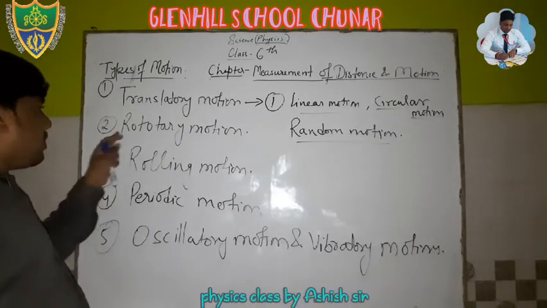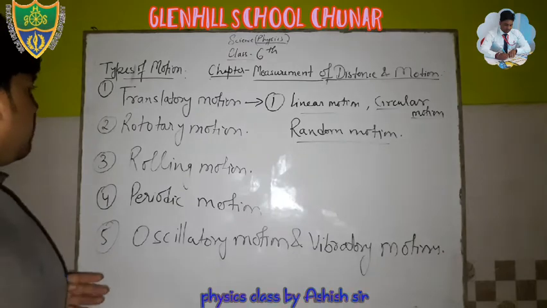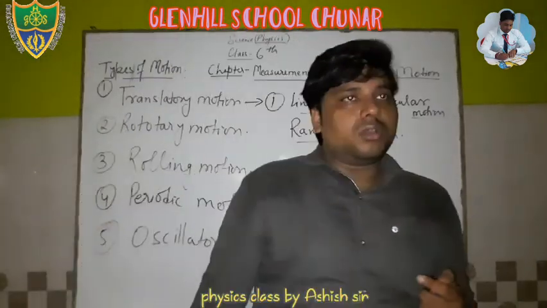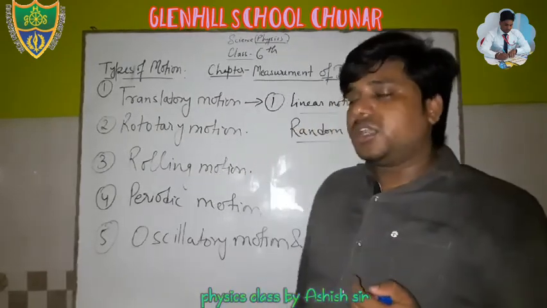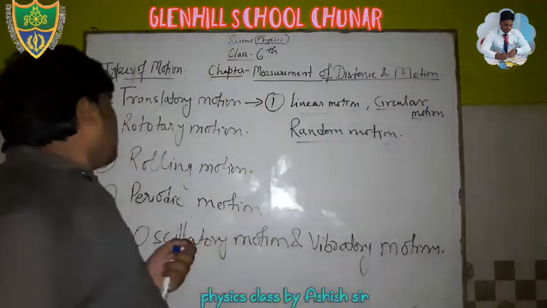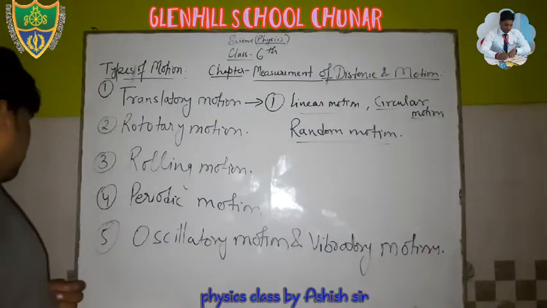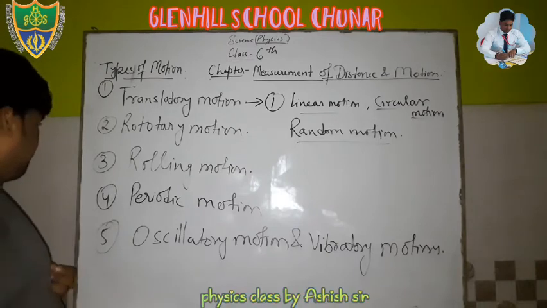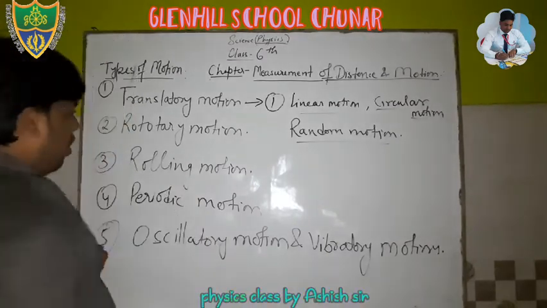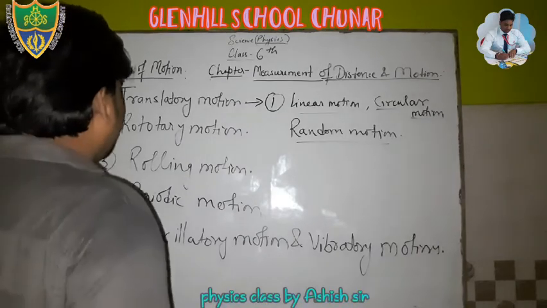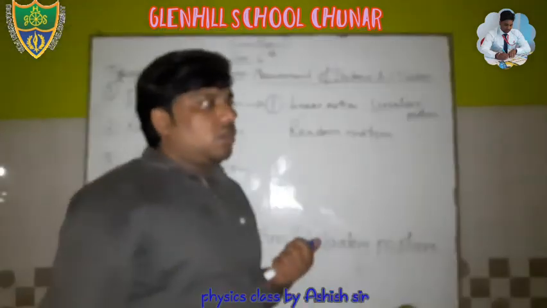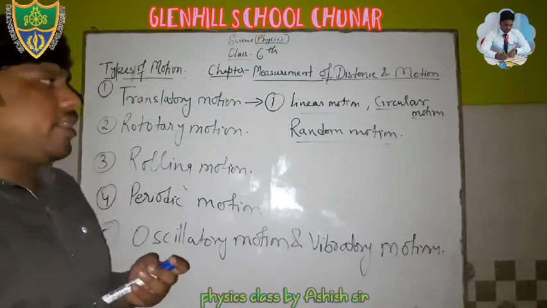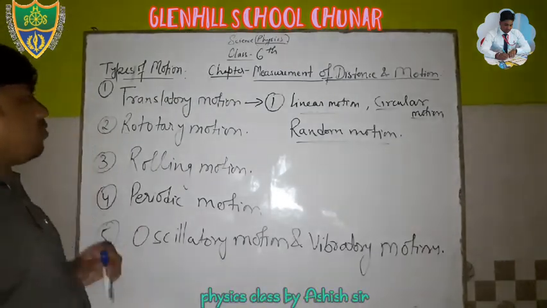Now second one is rotatory motion. Rotatory motion is the motion in which the particle or object moves about a fixed point.